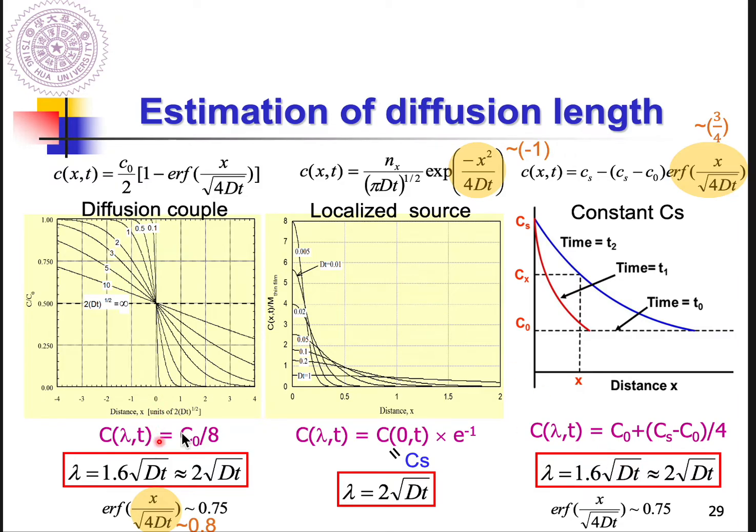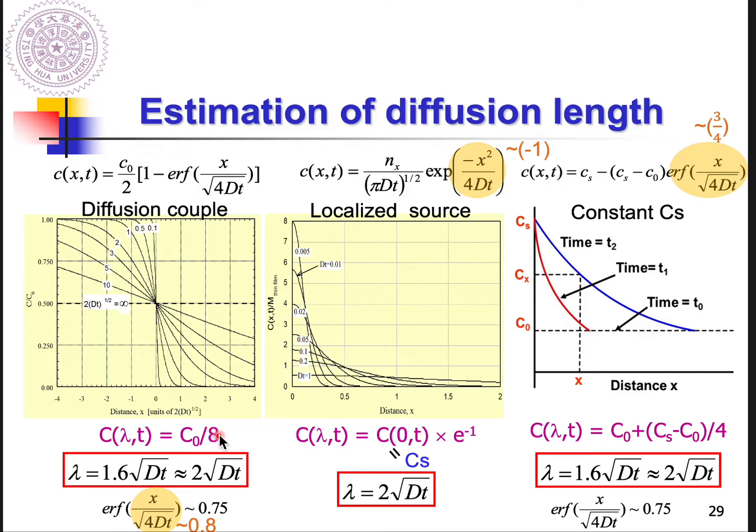So based on these results, you know that even though we use the square root of 4Dt to estimate the diffusion length in our experiments or in any cases we are talking about, for different diffusion patterns, the corresponding concentration of diffusing atoms with respect to the diffusion source before diffusion is quite different.